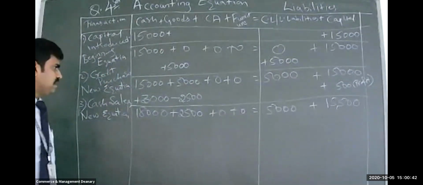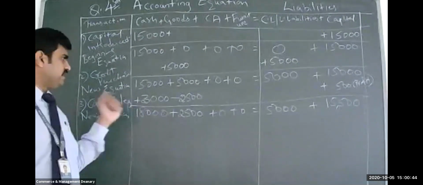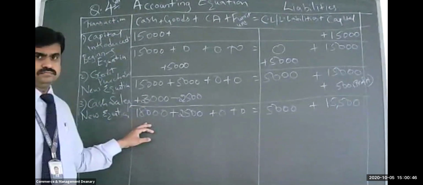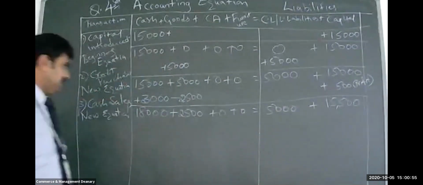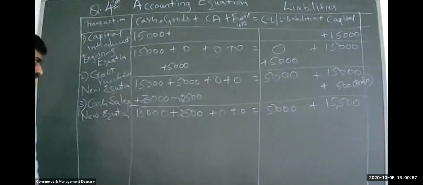Now we check how much is on the left hand side: 20,500. And here it is again 20,500. It is equal. That means I can proceed to the next transaction.